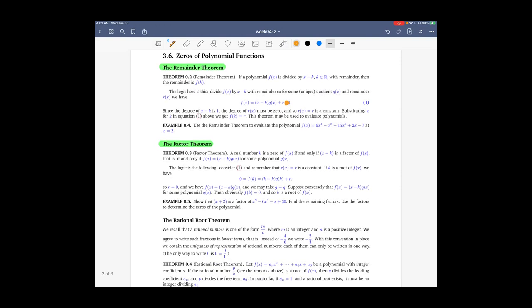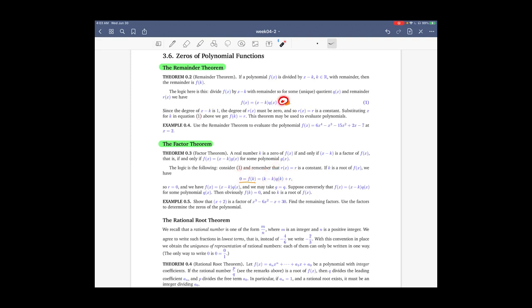And if k is a root of f, it means that f of k is 0. And substituting here x for k, we immediately get this whole term 0, and so it follows that r equals 0.